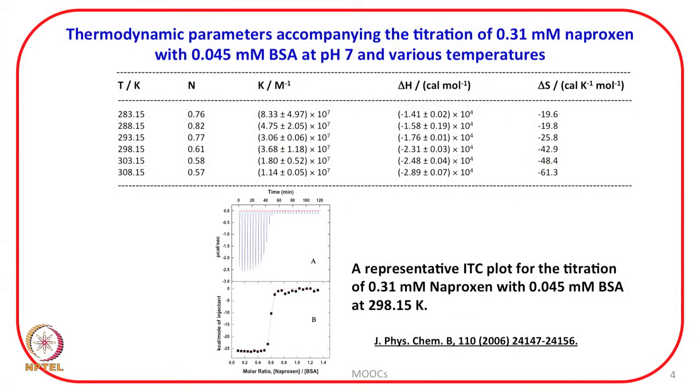These are the possibilities, which is also supported by the negative value of the change in entropy. Now, let us go back to the slide and take a look at what more we can discuss based upon this example taken from the literature.